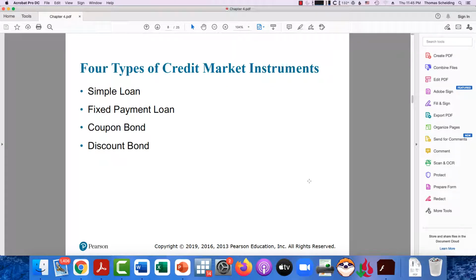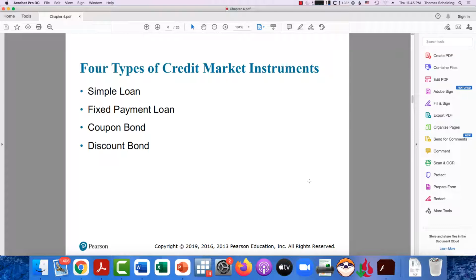We need to understand these interest rates in terms of the 4 types of credit market instruments out there. Basically 4 ways that we can package a loan.